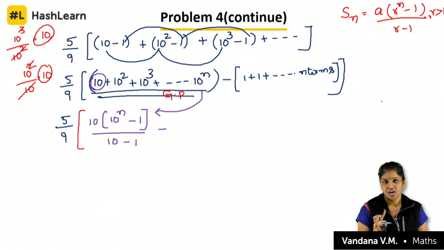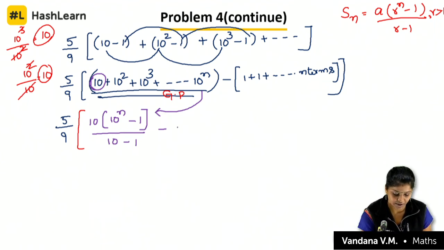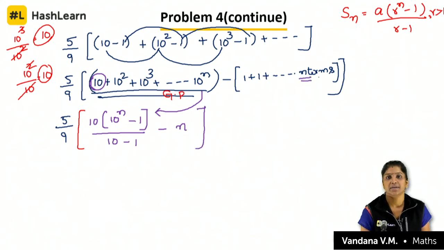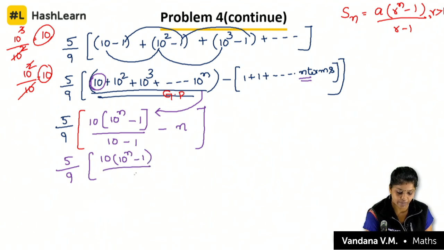Children, you observe, if you add 1 two times it is 2, if you add 1 three times it is 3, 10 times it is 10. In the same way, if you add 1 n times, it is n, isn't it? I am adding till n terms. So it is 10 by 9 into 10 power n minus 1, minus n.